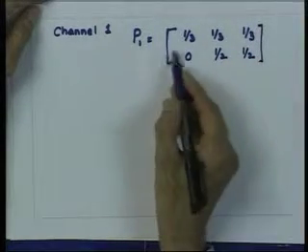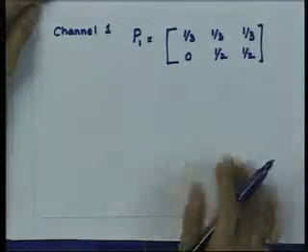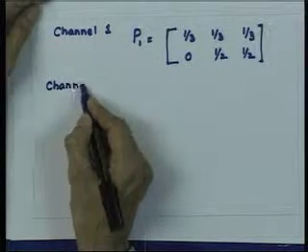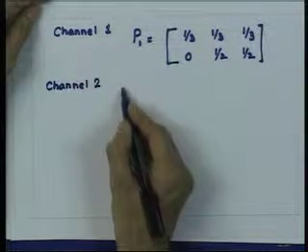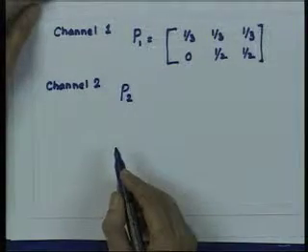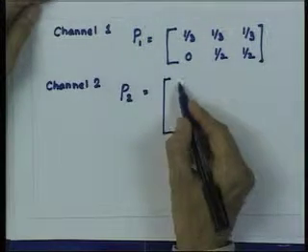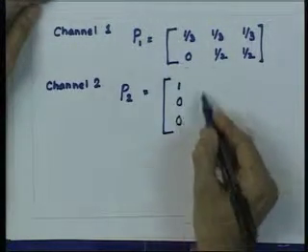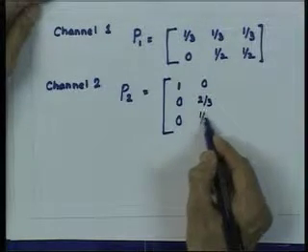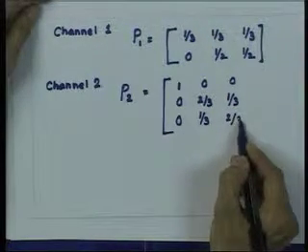So, this channel has 2 inputs and 3 outputs, and this channel is cascaded with another channel, channel 2, with the channel matrix given by P 2 equal to 1, 0, 0, 0, 2/3, 1/3, 0, 1/3, 2/3.